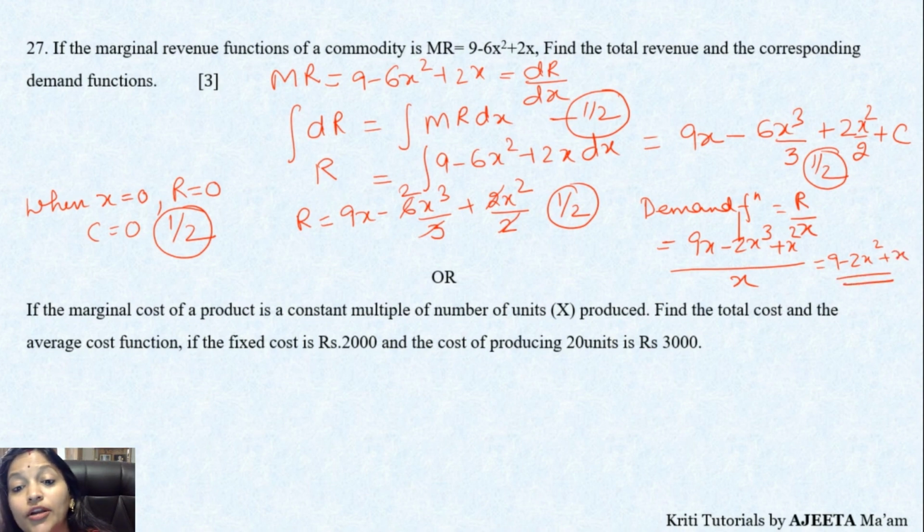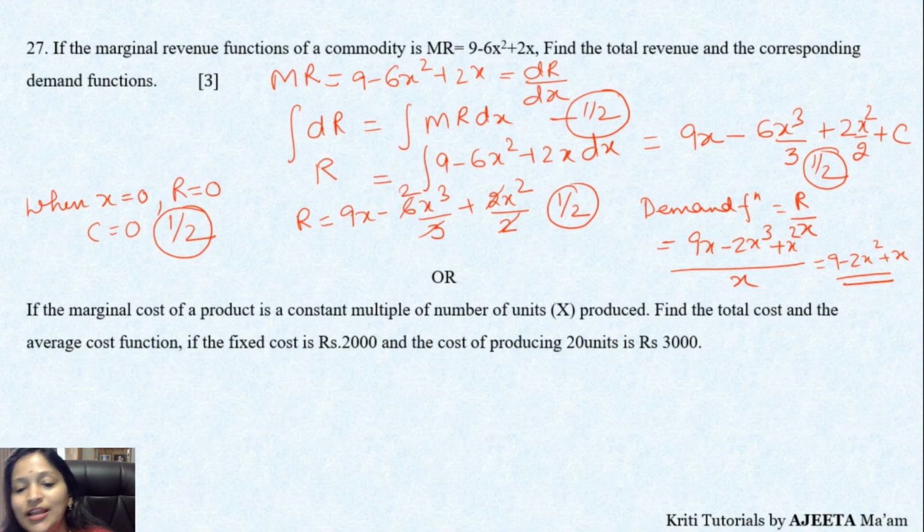That is your demand function simply. So it's a very simple question which is based on simply applications of integrals, economic applications है. Marginal revenue दिया है, उसको integrate करके we will find the revenue, and demand function is revenue upon x. Remember c का value, yes, we have to find before giving the final answer.